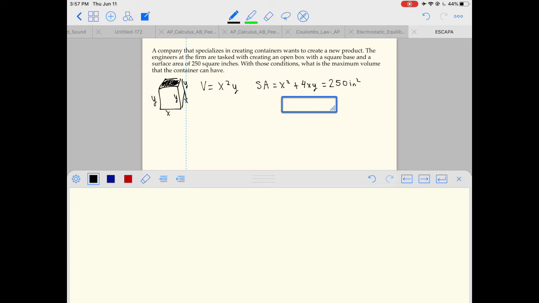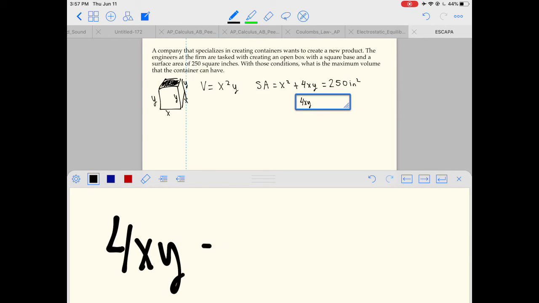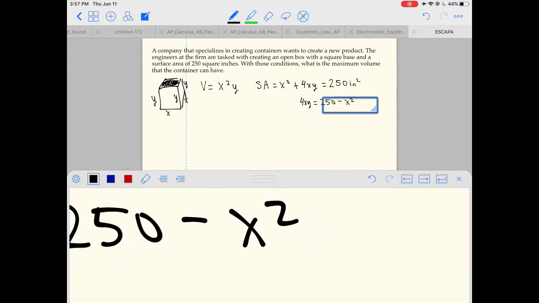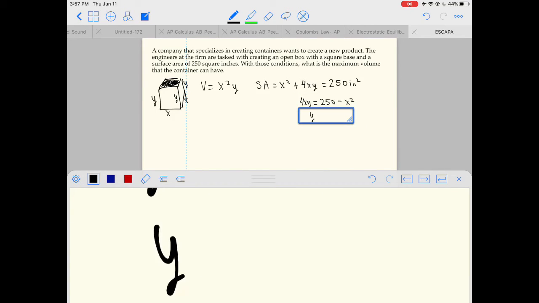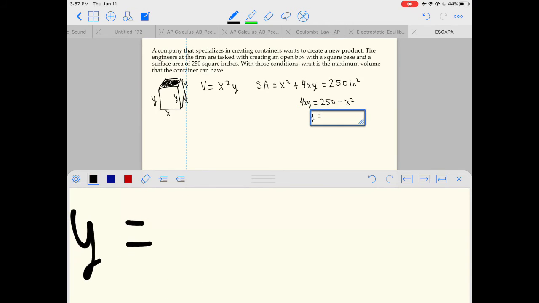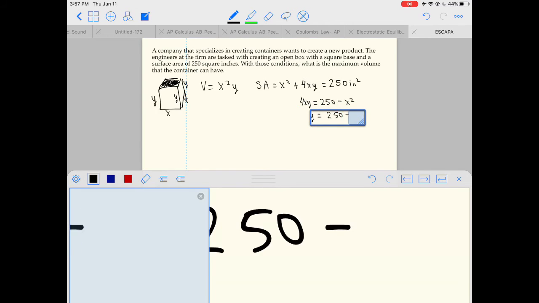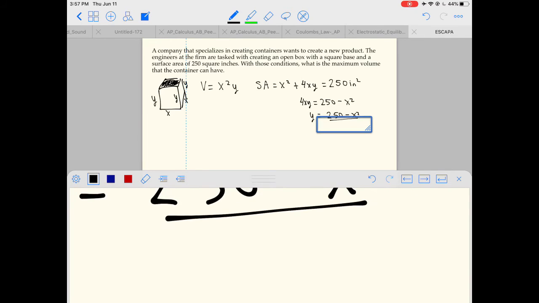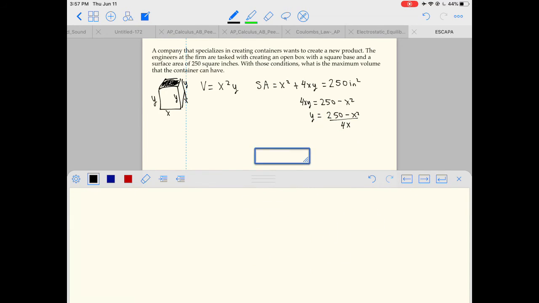It's easy to isolate y in this, so let's solve for y. 4xy equals 250 minus x squared. Y equals 250 minus x squared over 4x.